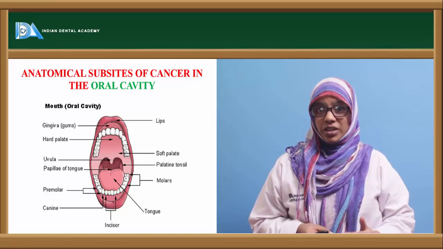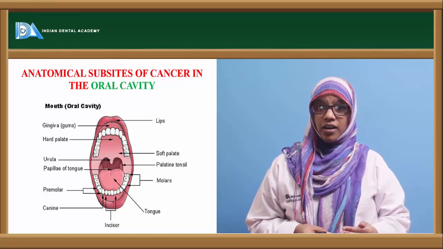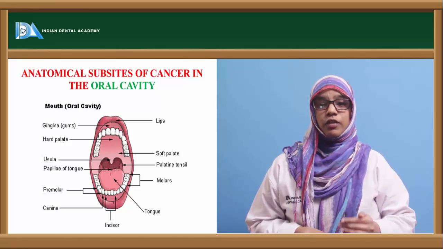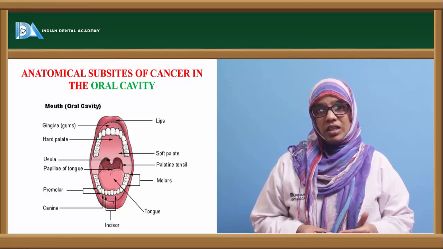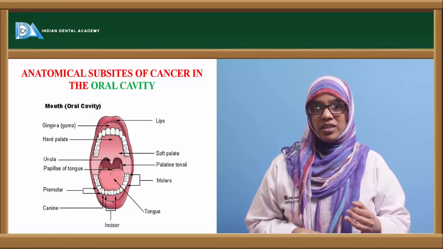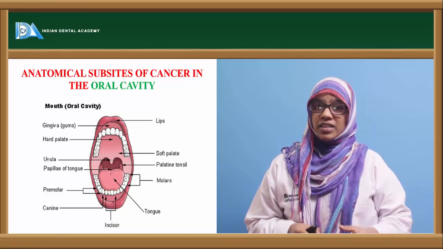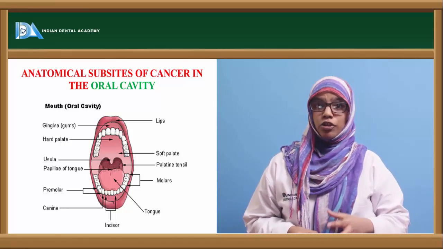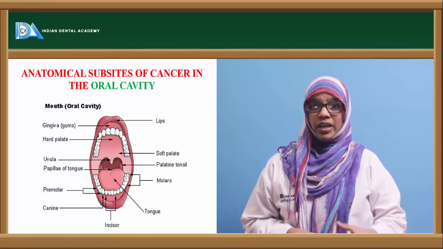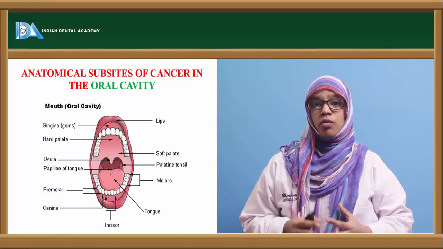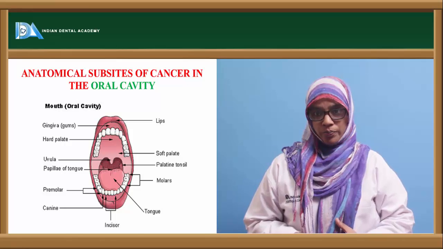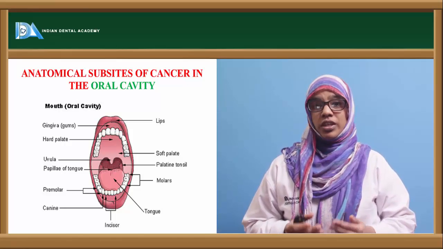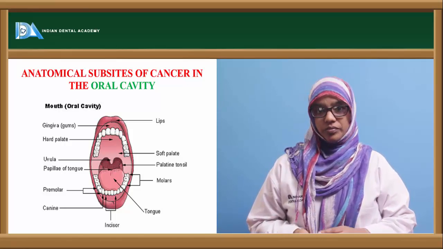In the developed countries, cancer occurs more commonly in the tongue and the floor of the mouth. This is mainly because of smoking tobacco and alcohol, whereas in the Indian subcontinent, since chewing tobacco and areca nut are used, gingivobuccal cancer is more common. That's the reason why we need to know the anatomical subunits.